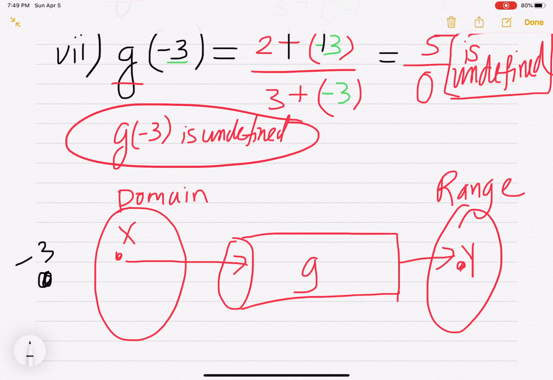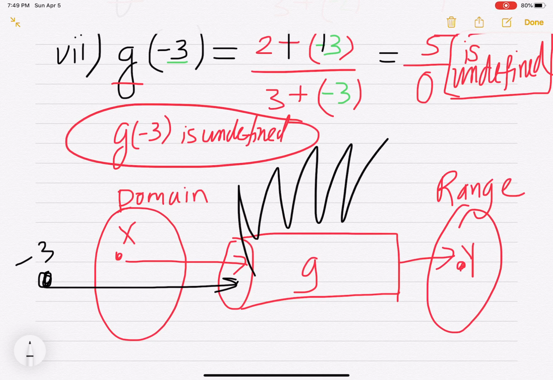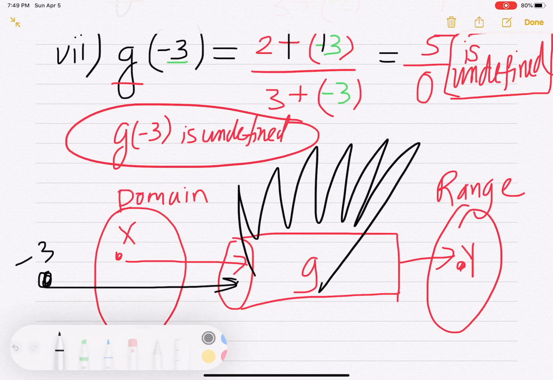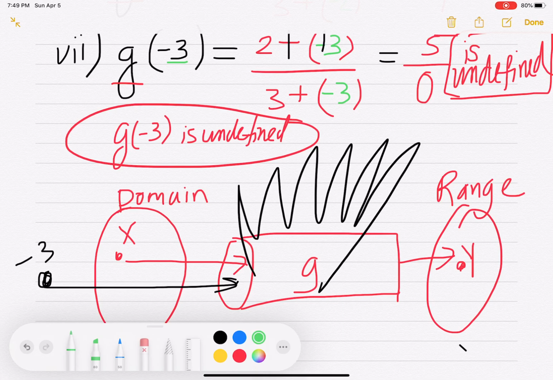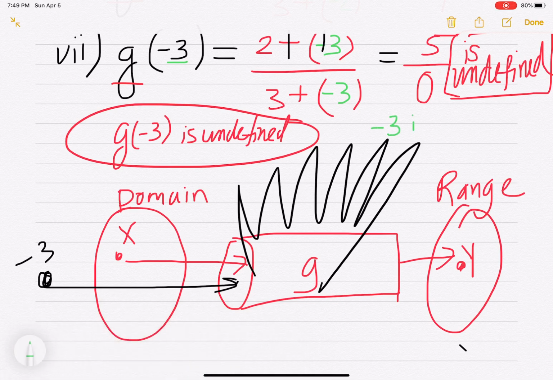It's outside of the domain. But what happens if you try to plug in negative 3 into the machine? It breaks. The machine goes kaboom. So negative 3 is not in the domain. It's not an acceptable value. So you could also say, let me write it in green, negative 3 is not in the domain of g.